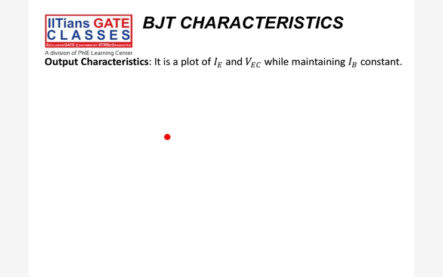Now the output characteristic. It is the plot of IE versus VEC while maintaining IB constant. IC and IE are almost equal in magnitude, because there is only a slight change, and VEC is equal to minus VCE.